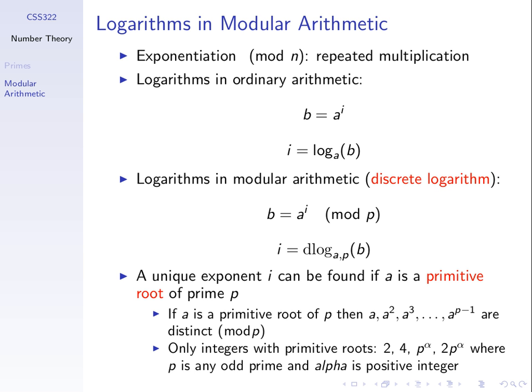If we take the discrete log, base a, that is 3, mod p, p is 7, of some number, we'll get an answer. What's the discrete log of 6?